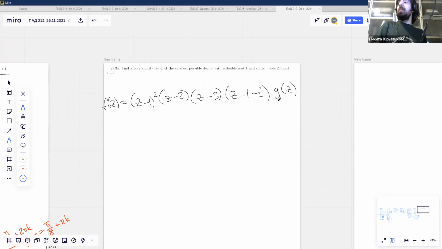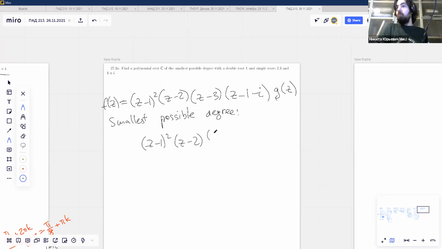And also it might have something else, but the smallest possible degree means that from this huge set of different polynomials for different g, I get different polynomials, but the smallest of them is to simply take this, to do nothing else. This is the answer. Questions?